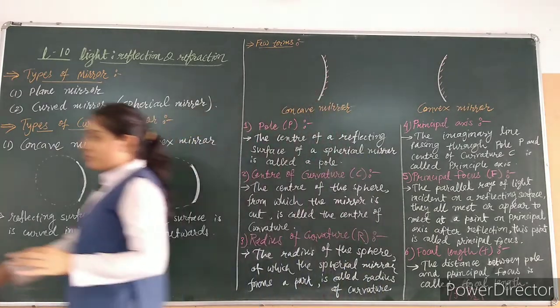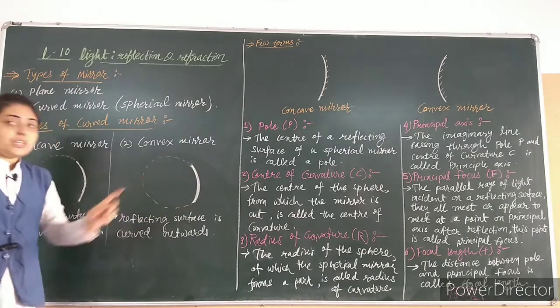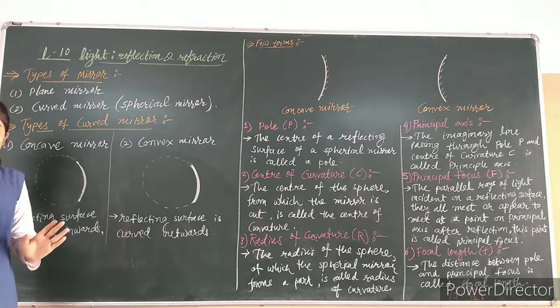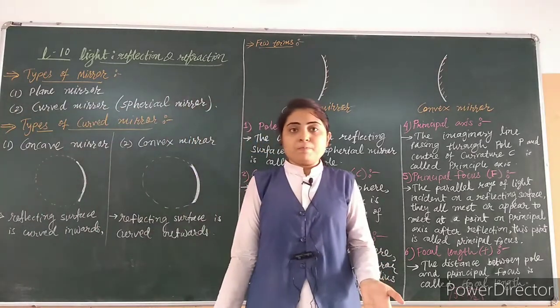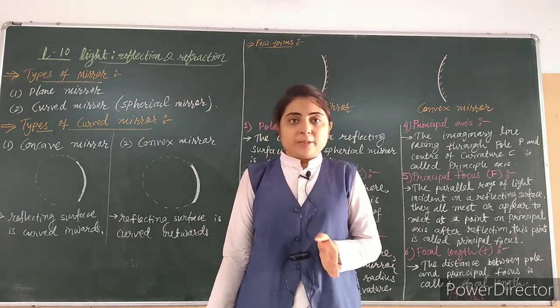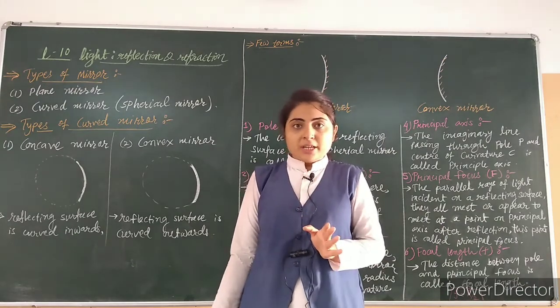So here, from a sphere, we have cut a part of it. Now these two parts can be made into a mirror, depending on the coating. If we coat on one side, the mirror can be made.